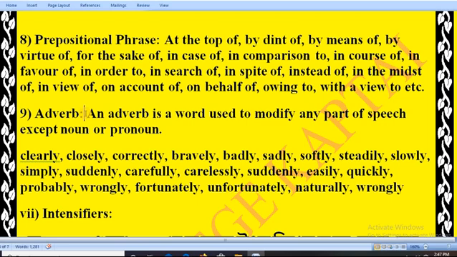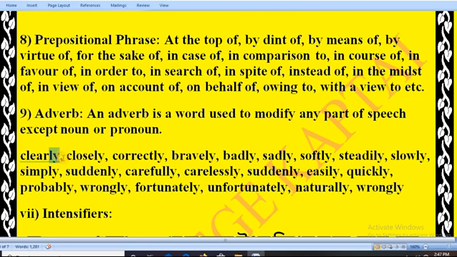Fluently, carefully. Suppose he comes here. সে এখানে আসে. সে কোথায় আসে? এখানে আসে. Here is an adverb. So easily you can find out adverbs. Okay, look at the examples of some adverbs. Very popular adverbs: clearly, closely, correctly. Generally you see in most adverbs ly is included, right?